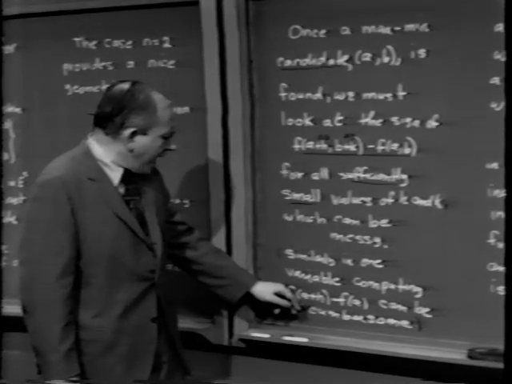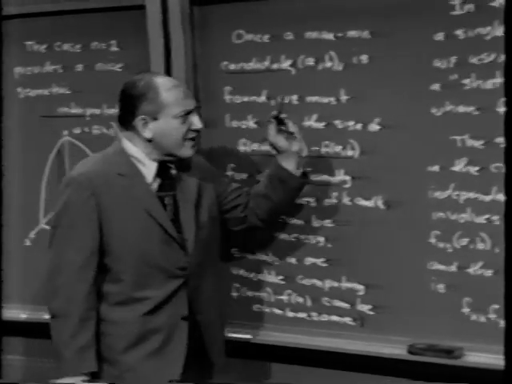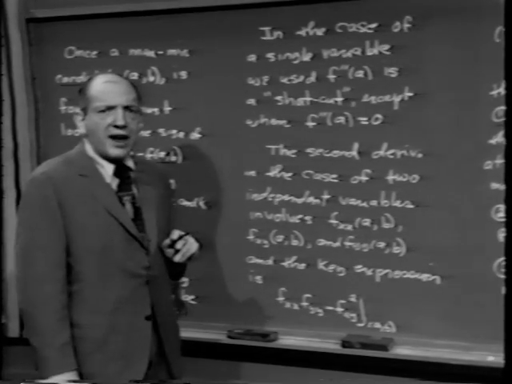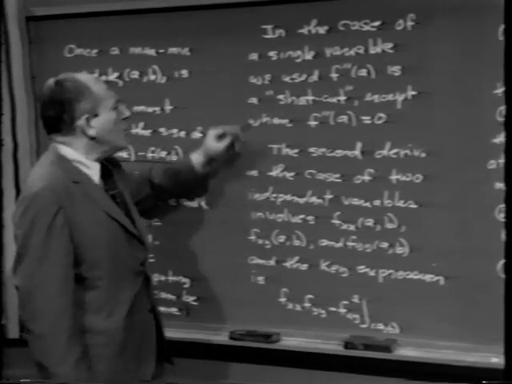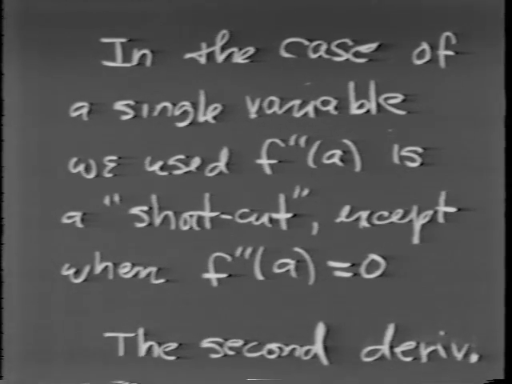Of course, the thing that happened in the single variable case that was very helpful to us was that we were often able to use f double prime of A as a hint. In other words, whenever f double prime of A wasn't equal to 0, we could conclude whether f of A was a max or a min once we knew that f prime of A was 0.